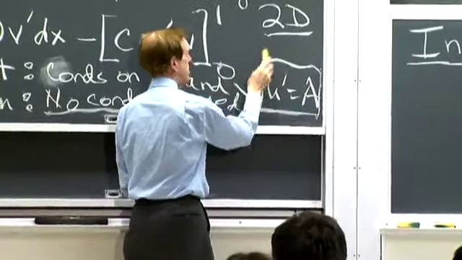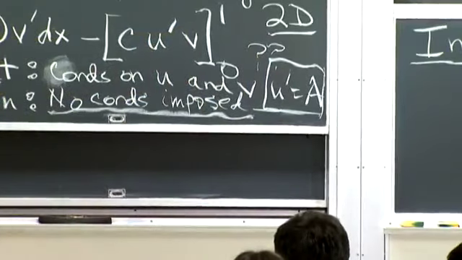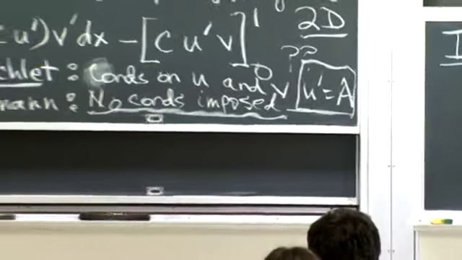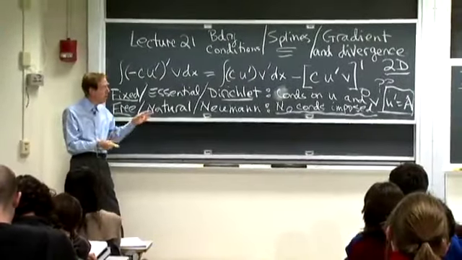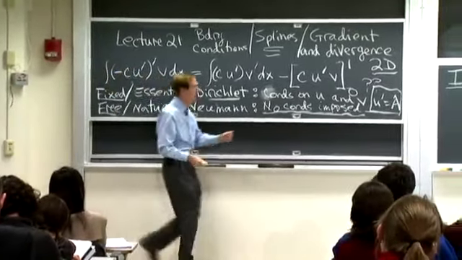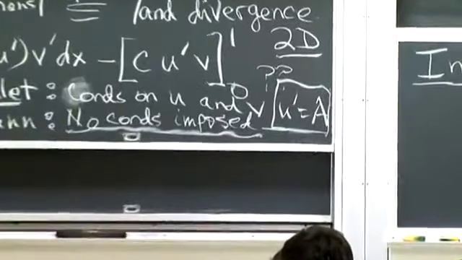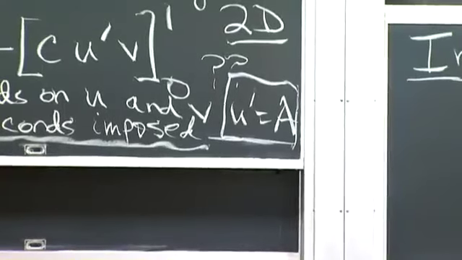What to do? So I'll just put a question mark there. How does the weak form and the Galerkin approach deal with a non-zero natural condition, a non-zero Neumann condition? That would be the right words.